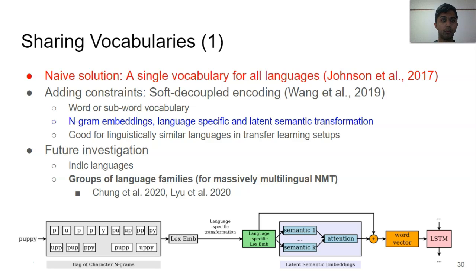Also, it would be interesting to do these experiments for groups of language families, especially in massively multilingual NMT settings, which I'm going to talk about soon. We found some recent papers by Chung et al. and Yu et al. in MLMT, and we encourage you to look up these papers and read for better understanding.